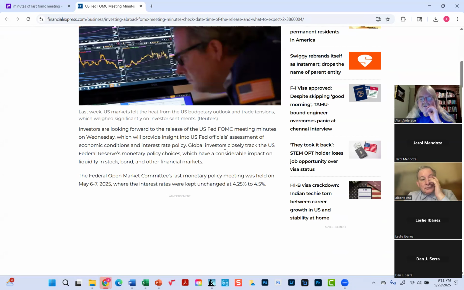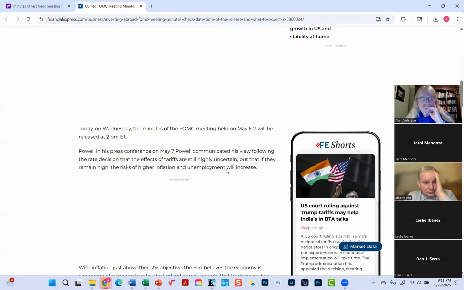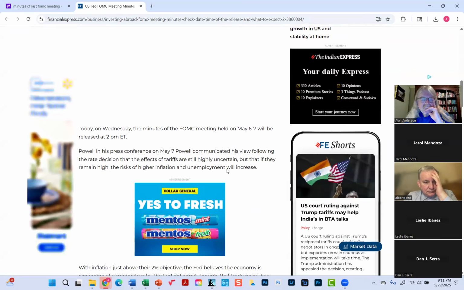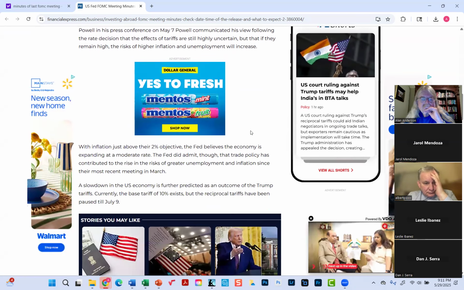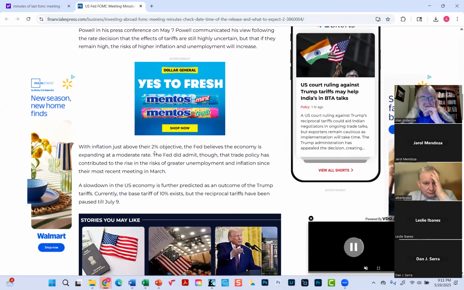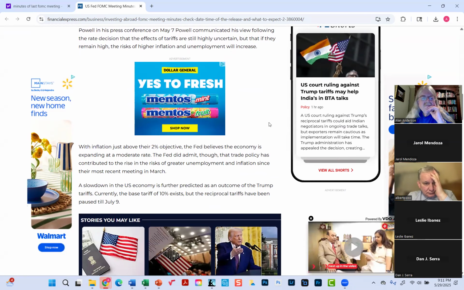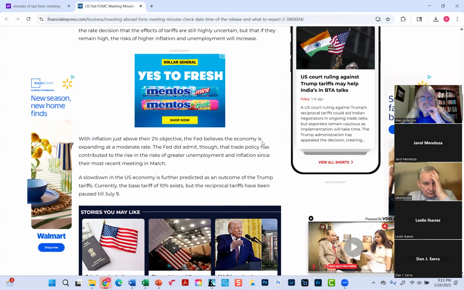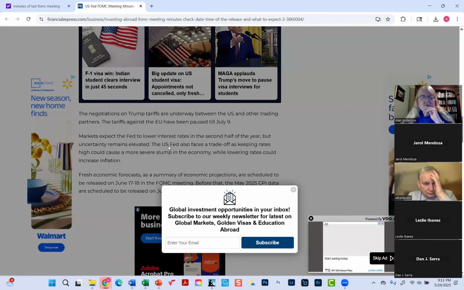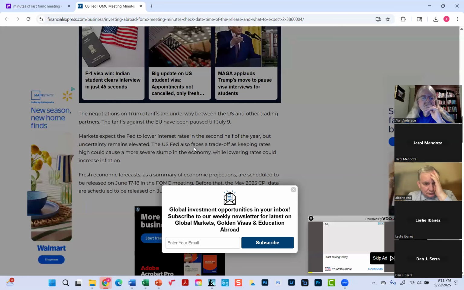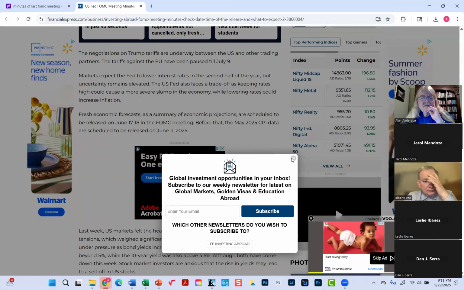Oh, so this article was written just before they came out. Inflation is just above the 2% objective. The Fed believes the economy is expanding at a moderate rate. Markets expect the Fed to lower rates later in the year, but the uncertainty remains elevated.